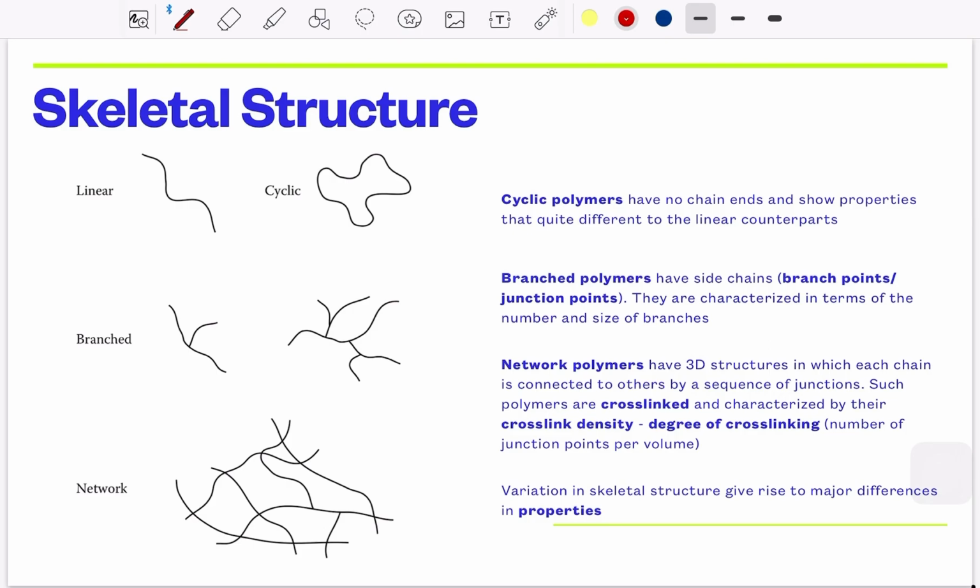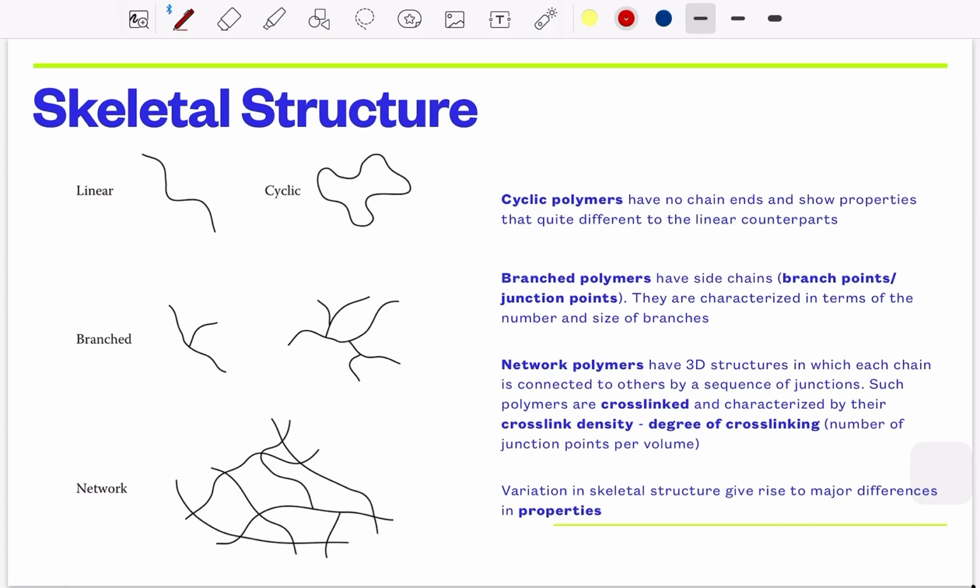Linear, cyclic, and if it's branched, we could have this kind of branch, and we can have many branches as well. We can adjust them, as long as we know what kind of functional groups we would like to have.